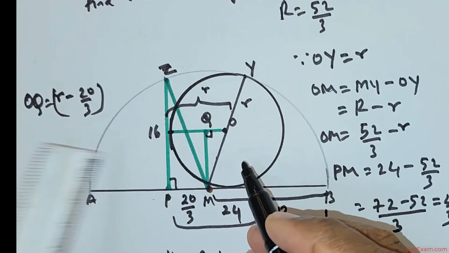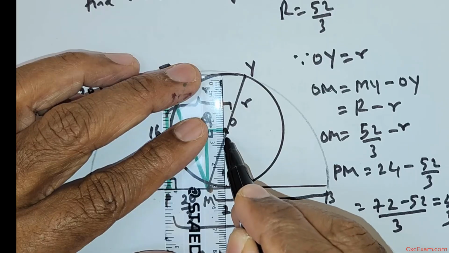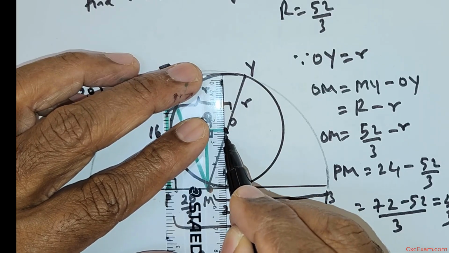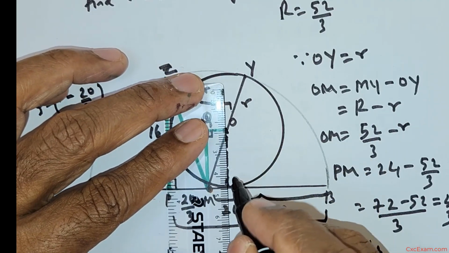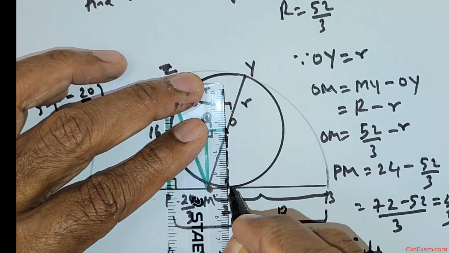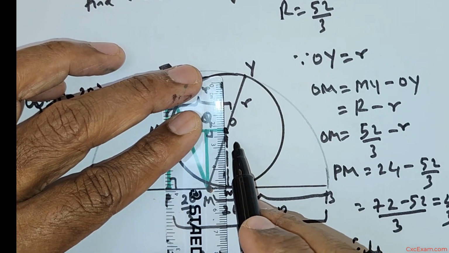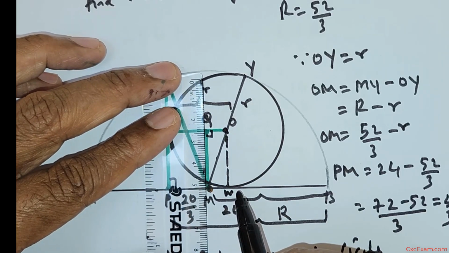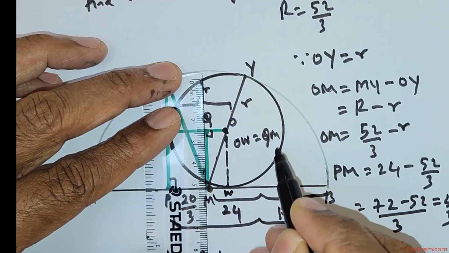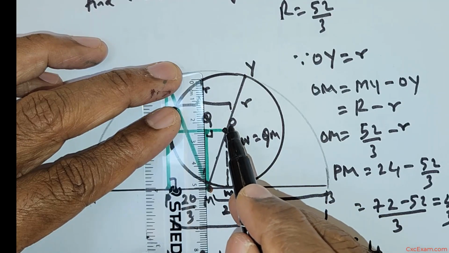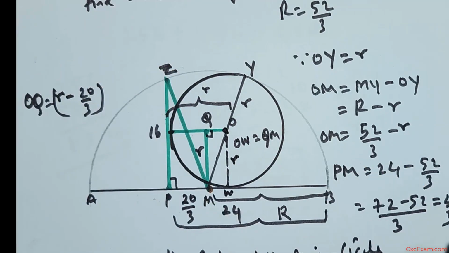Now if you were to drop a perpendicular from the center to the point of tangency, so if I were to take this point of tangency as some W, okay, now if I were to move this OW along, then OW will be equal to QM, right? So OW is nothing but R, so obviously QM is going to be R.